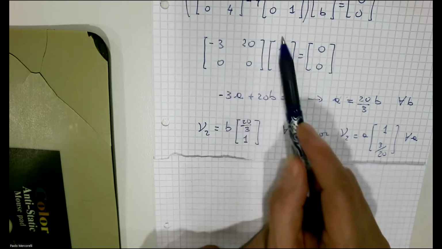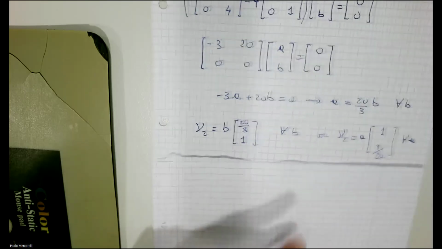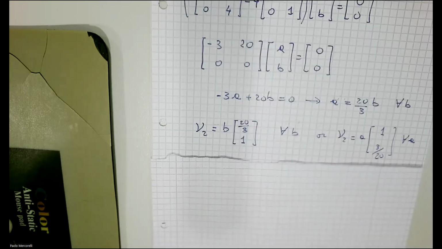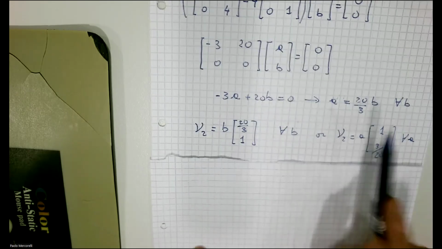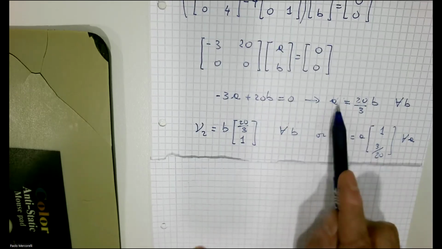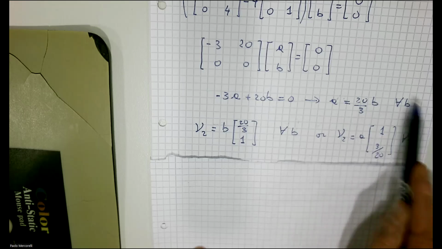I mean, row multiply column here does not bring information. 0 equals 0. Okay. This means it's valid for each A and each B. Here, you can choose to write in this form, for each B, or to write B equals 3 multiply A divided by 20, for each A. It's equivalent.